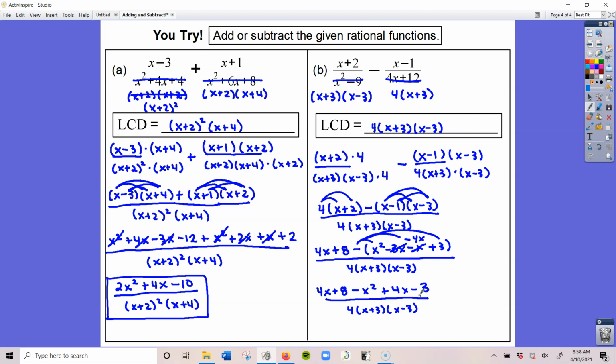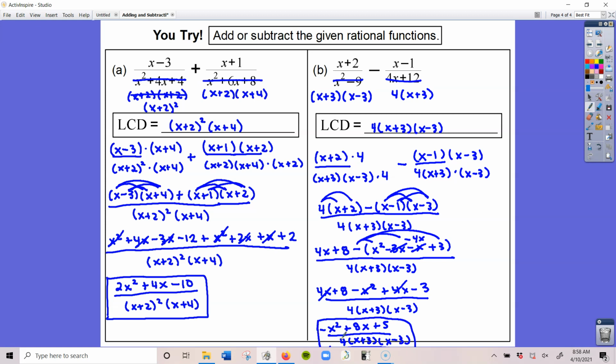Combine like terms in the numerator, and we get negative x squared. 4x plus 4x is plus 8x. And then 8 minus 3 is plus 5. All over 4 times x plus 3 times x minus 3. And this would be my final answer.